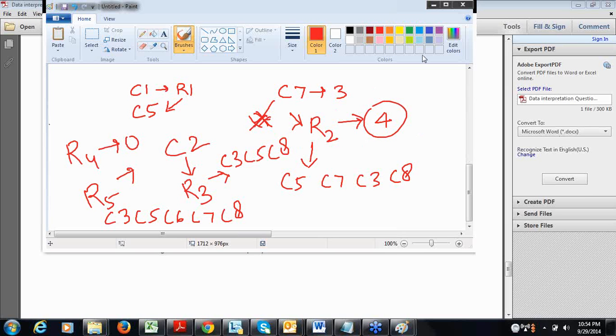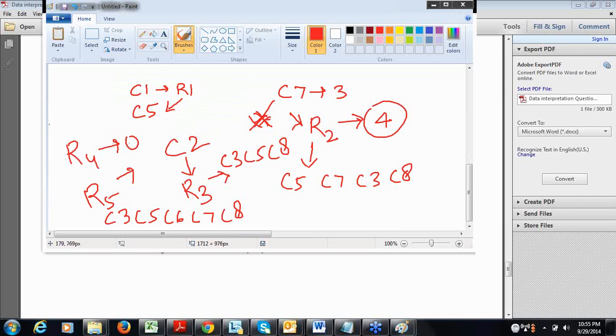Got it everybody, or let me explain once again. Suppose C1 is selling in region R1. If C1 is selling in region R1, the other who can sell in region R1 is C5. So this is one region that has been defined. Region R4 is 0. We have defined that. These two are defined.